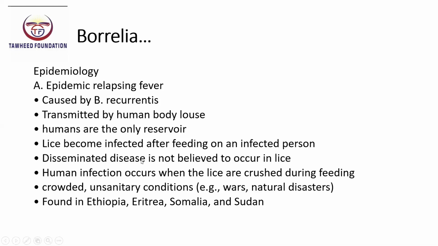Lice will get infected after feeding on an infected person, and disseminated disease is not believed to occur in lice. However, human infection occurs when the lice are crushed during feeding. This infection occurs in crowded places and unhygienic conditions, and it is found generally in these countries.